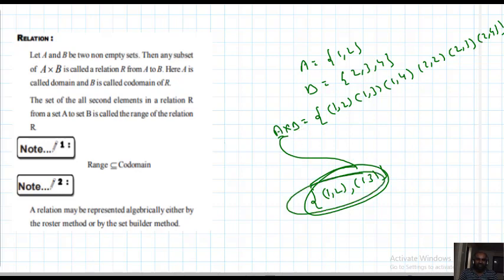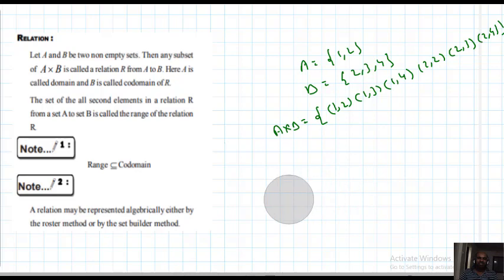That's why this is a relation from set A to set B. Every subset of A cross B is a relation from A to B. This is the final definition for relation. Definition of relation from A to B: every subset of A cross B is a relation from A to B.